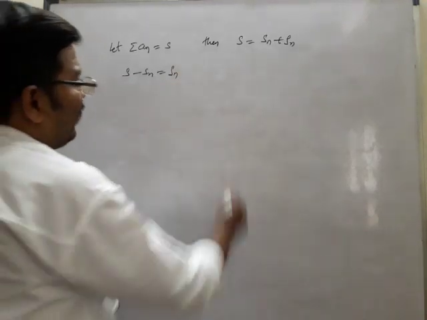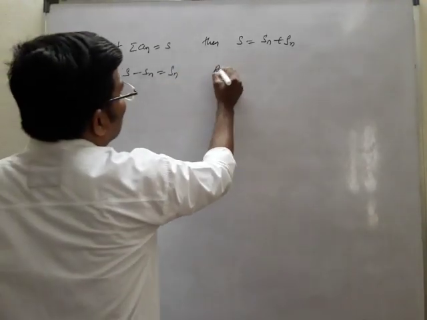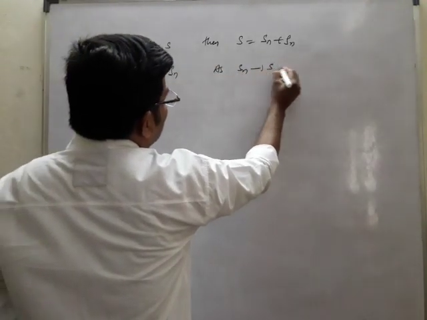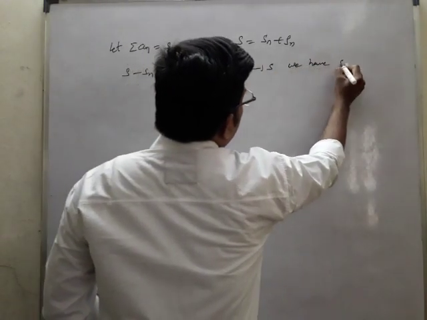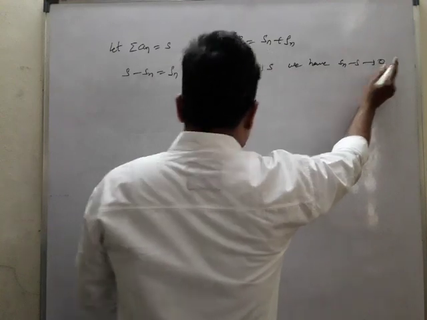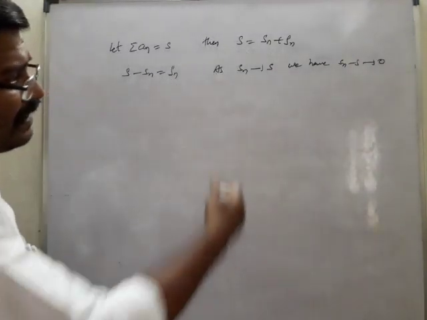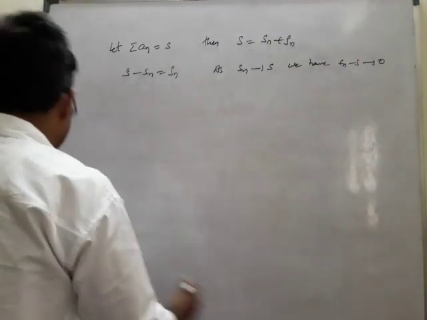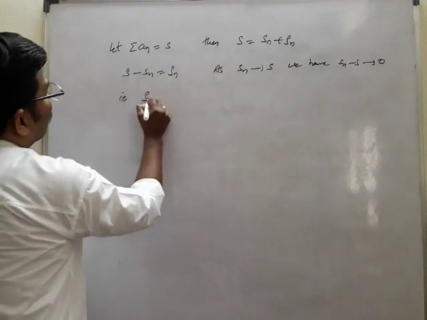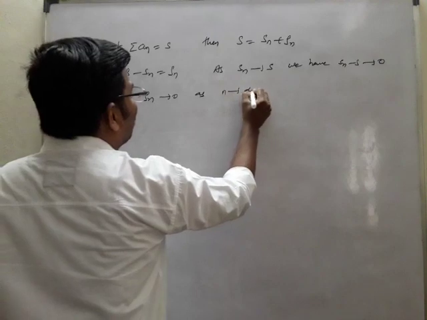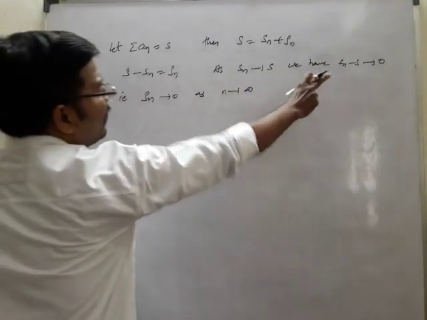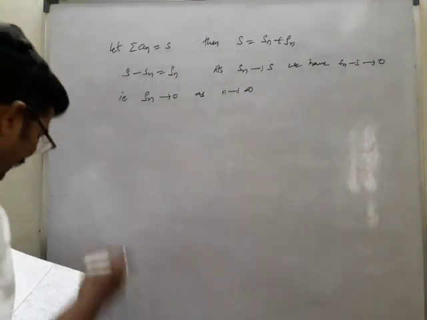So as Sn tends to S, we have Sn minus S tends to 0, that is, rho n tends to 0 as n tends to infinity. This rho n will be 0 as n tends to infinity.